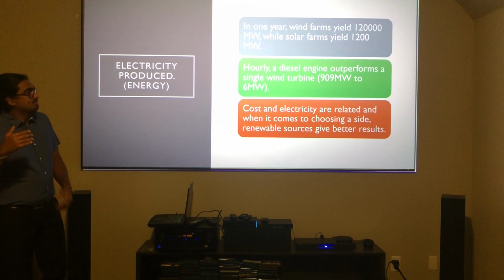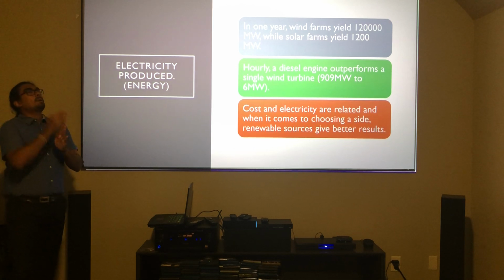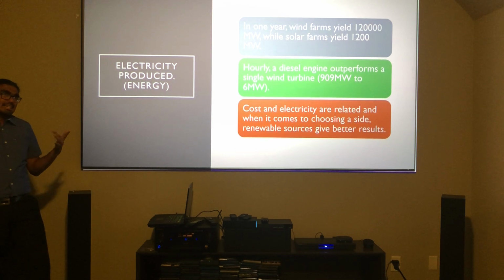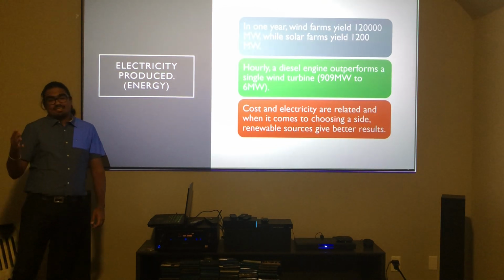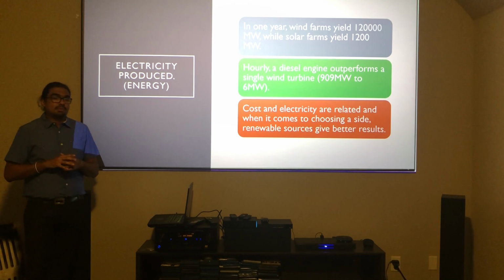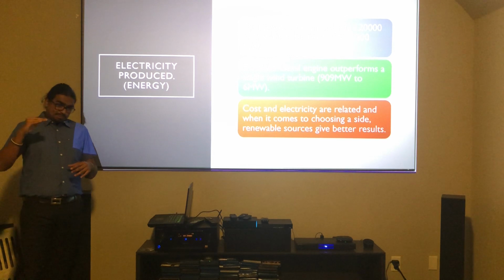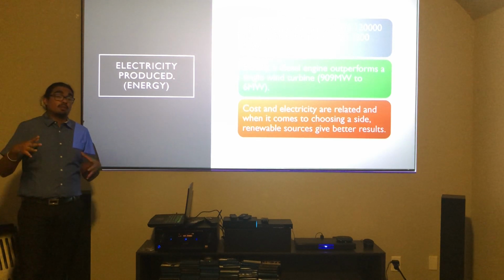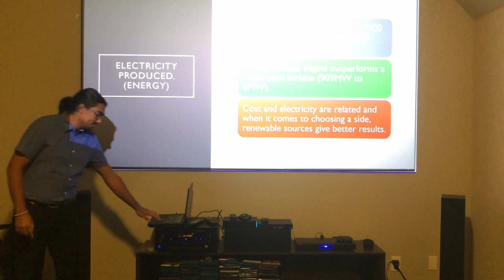And so the multiplication goes on and on. So in the electricity produced, at the end of the day, renewable energy resources outperform the regular ones, because the more we have, the more we can surpass that number. And of course, wind turbines are not as expensive as one diesel engine.